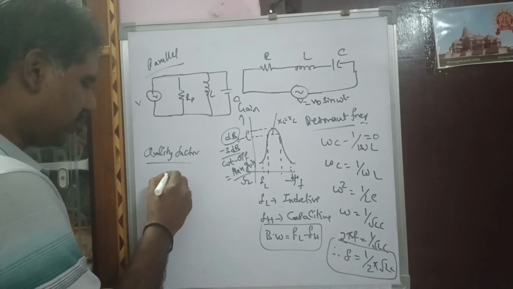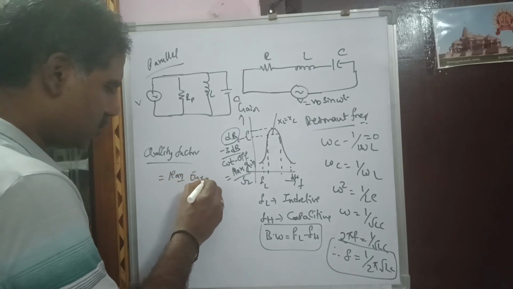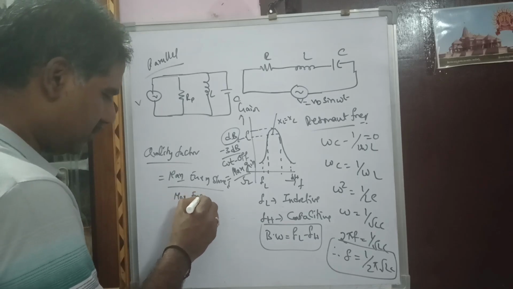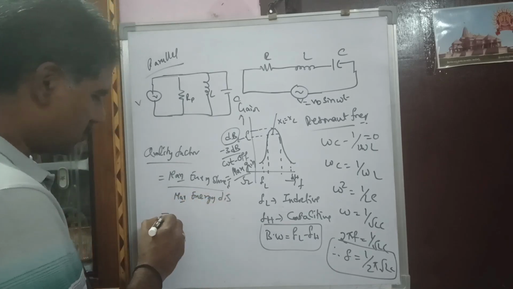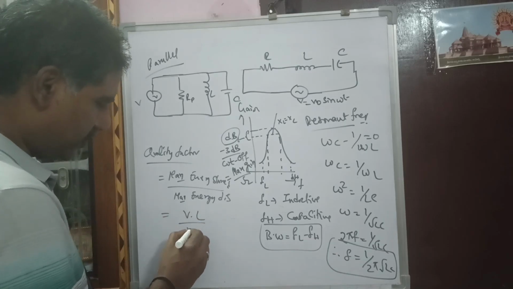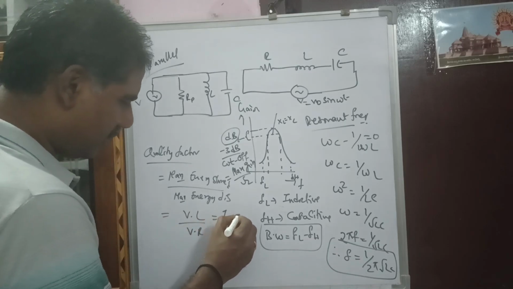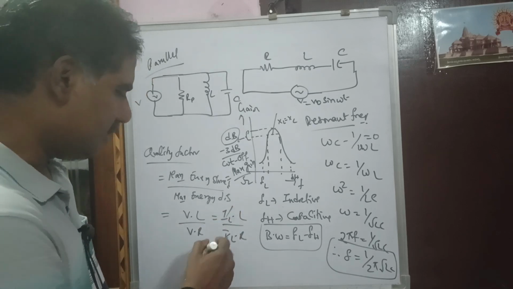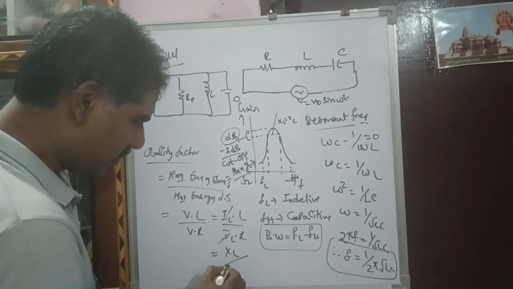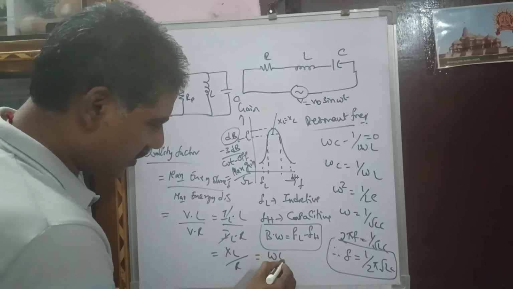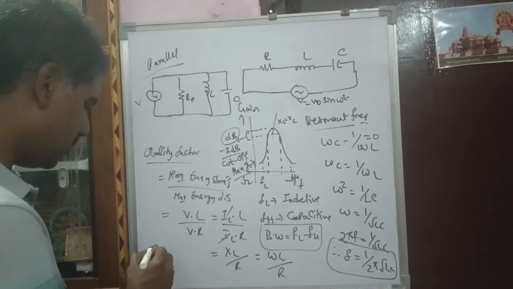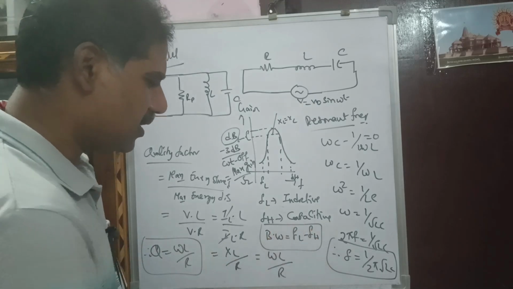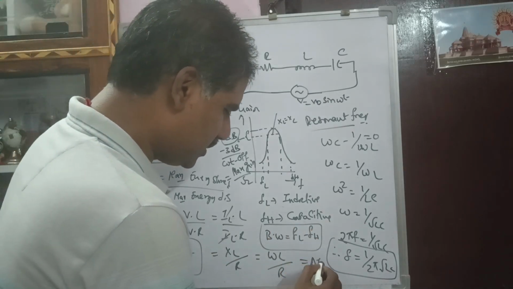Quality factor means maximum energy stored in an inductor divided by maximum energy dissipated, that is equal to V into L divided by V into R. It can be written as IL into XL divided by IL into R. Both currents cancel. XL can be written in terms of omega L. That is, quality factor is equal to omega L divided by R, whereas bandwidth can be written as delta F, F2 minus F1.